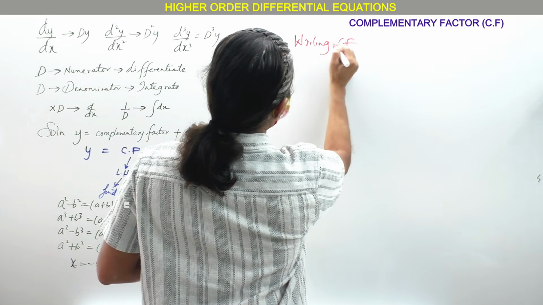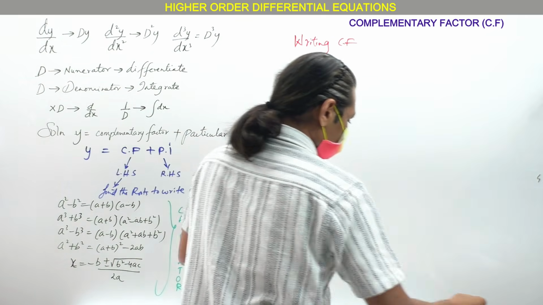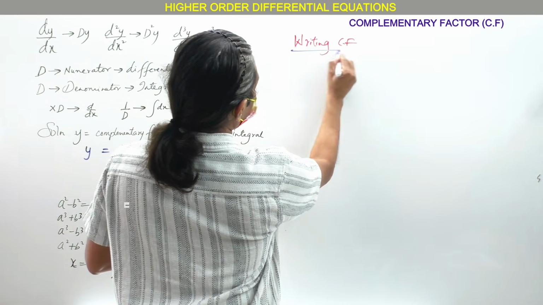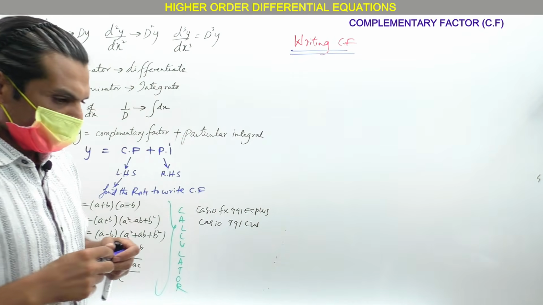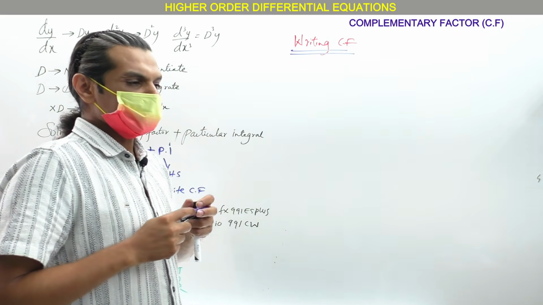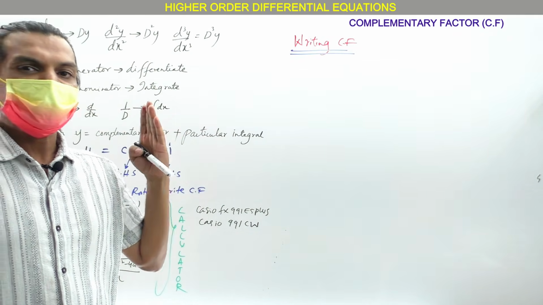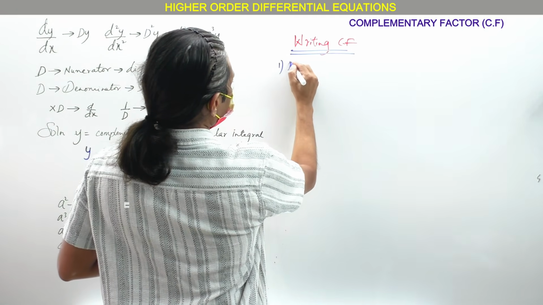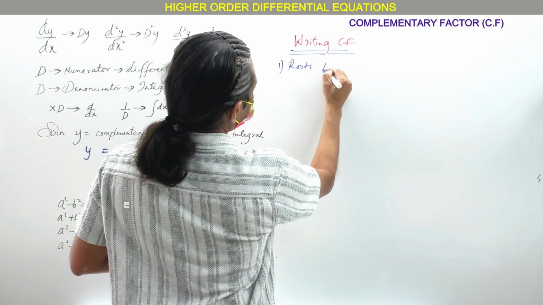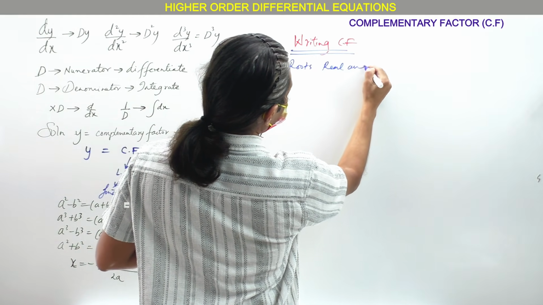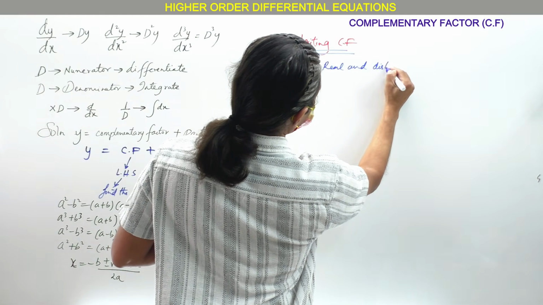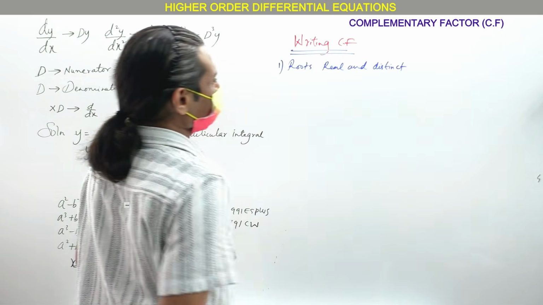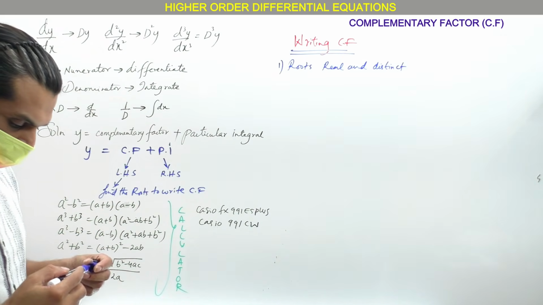Writing the complementary function. Okay, this is very very important. To write the CF, as I told, CF depends upon the roots. Say first case, if the roots are real and distinct.